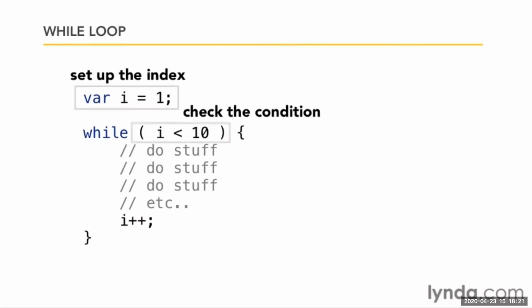Then you're going to be checking the condition, and then you have to make sure that you're incrementing the index inside the loop, but at the end of it. So you always have these 3 pieces going on to have a successful loop. And this is such a common model. There's actually a statement that brings all these pieces together, and that's called a for loop.